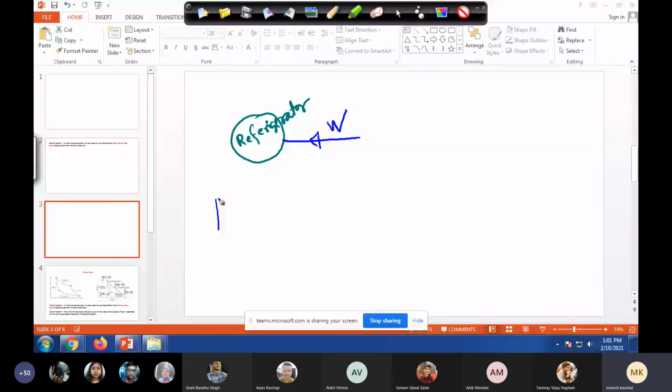And then what is the function of a refrigerator? Eject heat. So let's say there are some food items. This is a sink at TL. So it extracts heat from the lower temperature body and ejects it to the surroundings, which are at a higher temperature. That is the purpose of a refrigerator.